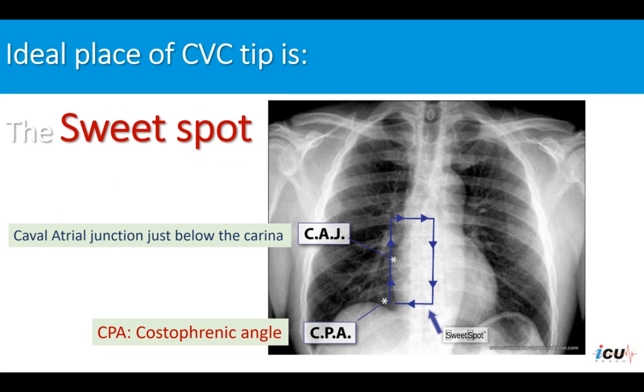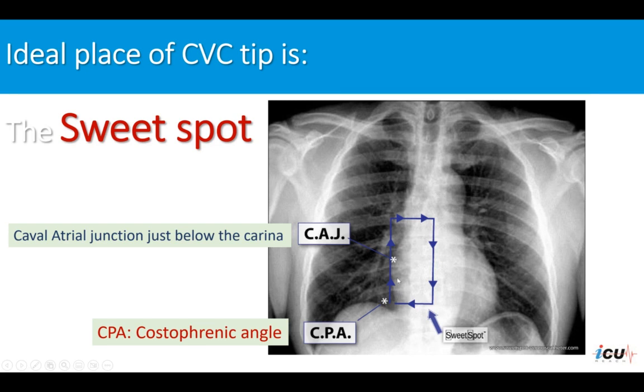So on the chest X-ray, there's a sweet spot that you need to see in order to determine whether I can use the central venous saturation instead of the mixed venous saturation. This sweet spot is actually in the area that is outlined between the conjunction of the superior vena cava with the atrium, and the costophrenic angle.